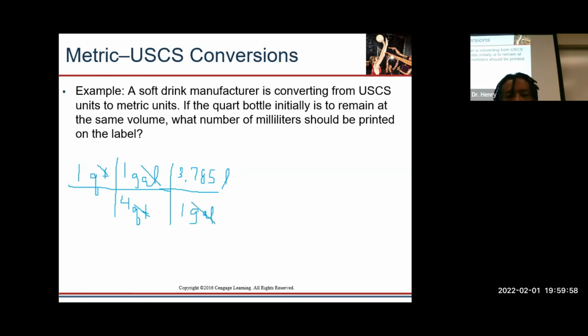So then gallons cancel out. So 1 liter, 1,000 milliliters. Liters cancel out. And then we're left with milliliters. So yeah, 946 point something.